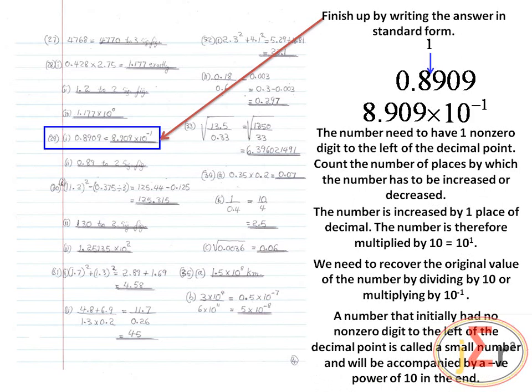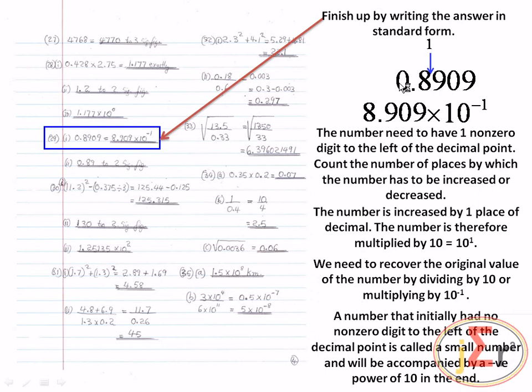A number that initially had no non-zero digit to the left of the decimal point is called a small number and will be accompanied by a negative power of 10. So any number that has no non-zero digit to the left of the decimal point is called a small number, like a number that starts like this, 0 point.